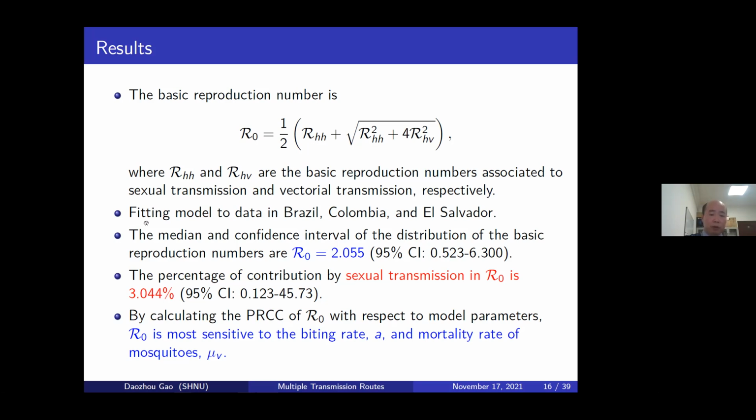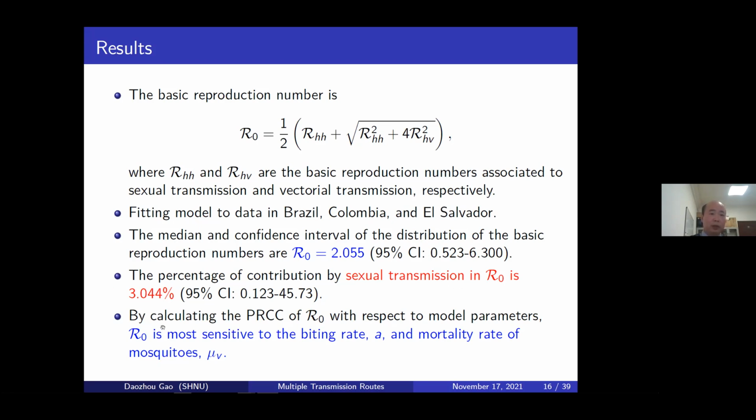Then we fit the model to reported case data in Brazil, Colombia, and El Salvador. We find that the reproduction number for Zika is about 2, and the percentage of contribution by sexual transmission in R naught is about 3%.